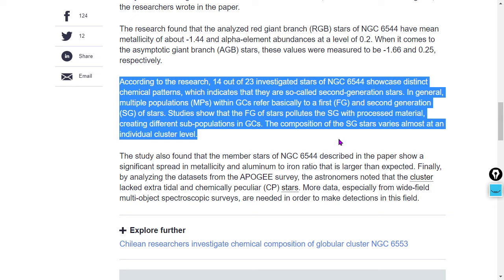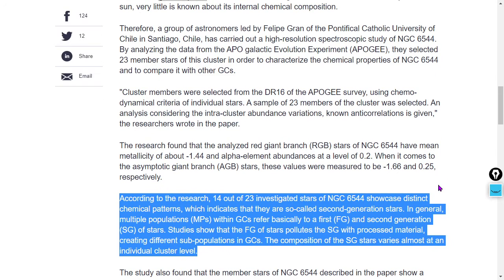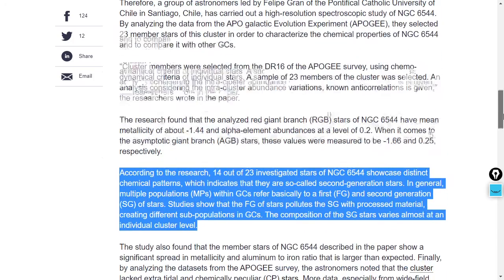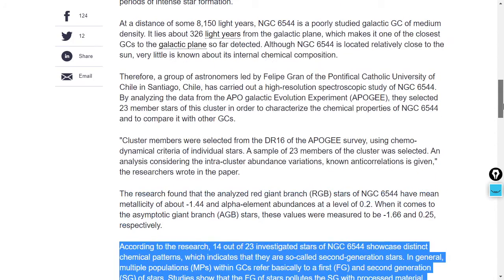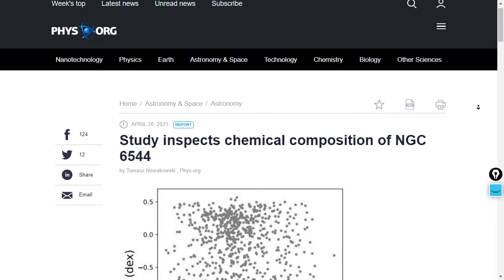The composition of the second generation stars varies almost at an individual cluster level. One of the main issues we're talking about here is the aluminum to iron ratio. Metallicity is very important in the chemical structures in the realm of cosmology.